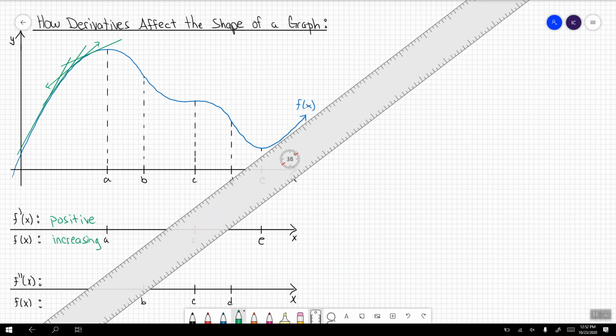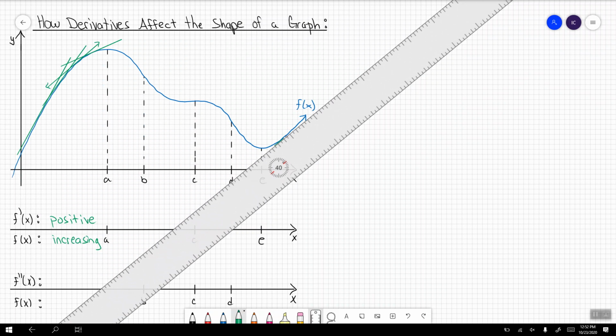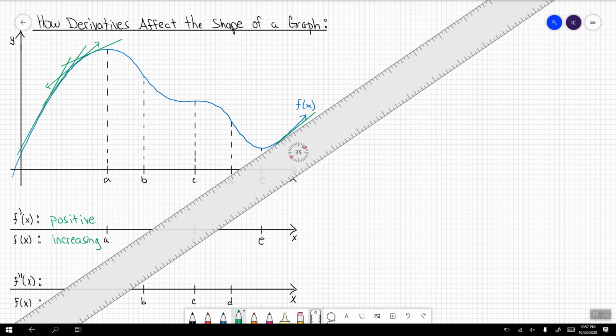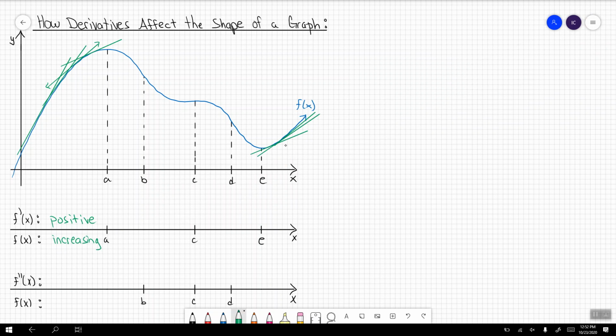Notice the function starts increasing again once we get to this latter portion of this interval. It will be increasing once again. In other words, the slope of the function will be positive. Anytime that occurs, we get that the function is increasing. So again, here we get a positive value, which means that my function overall is increasing.